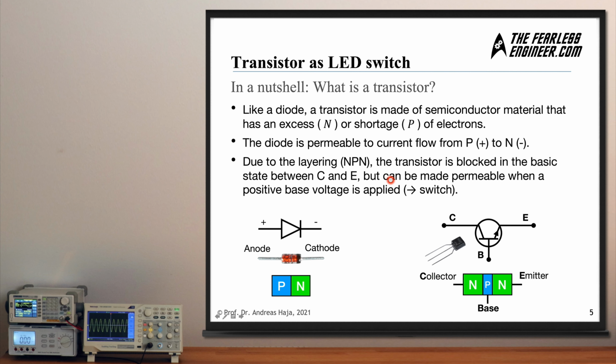So the transistor has become permeable for current flow as soon as a sufficiently high base voltage has been applied. And in this case, the transistor acts as a switch, because we can use the base to switch on the current flow between collector and emitter.